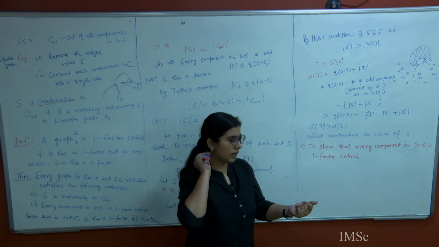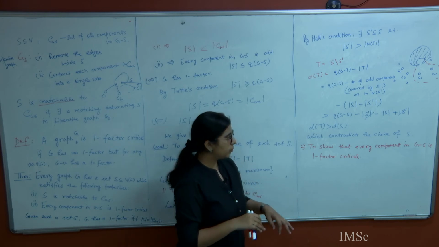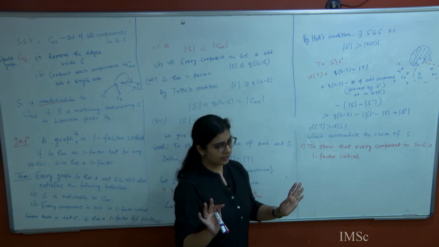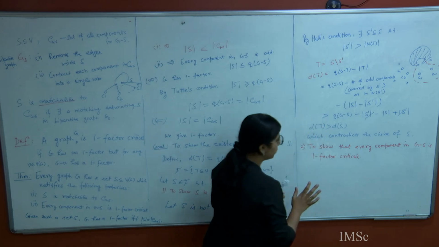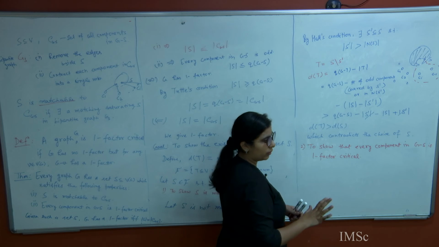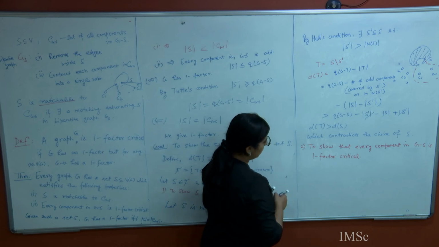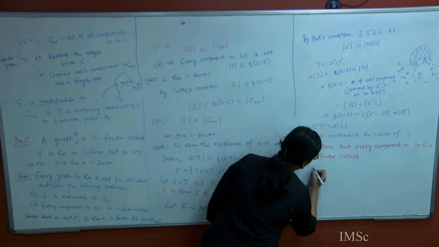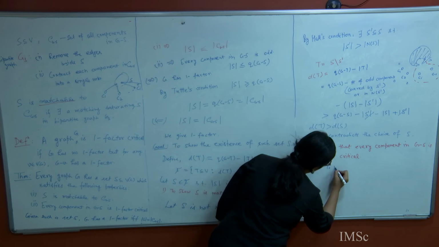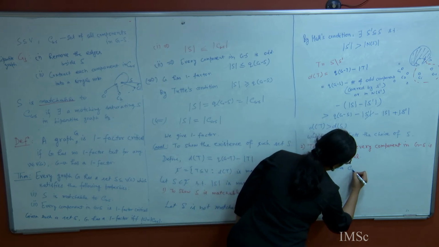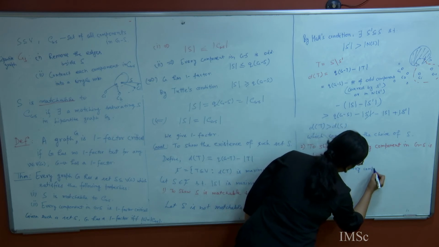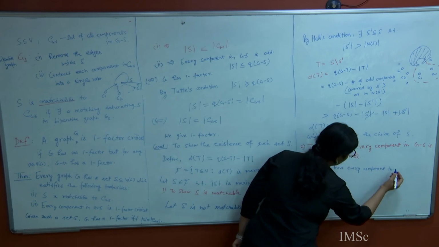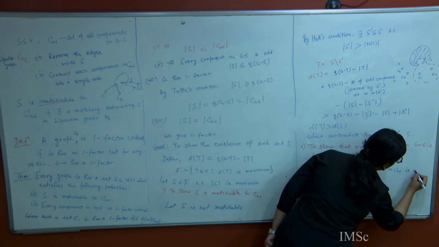Remove any vertex and it has a perfect matching, right? But first of all it should have odd cardinality. So every component should have odd cardinality. So first we will prove that every component in G minus S is an odd component. That is our first task. So first our goal is to prove that in G minus S, every component is odd.